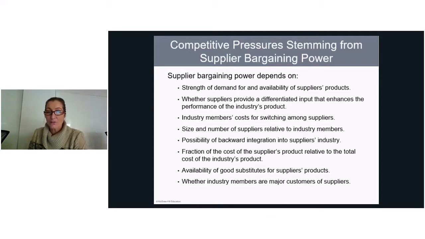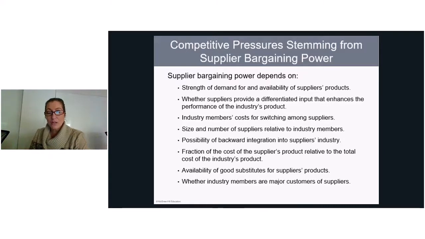Industry members' costs for switching among the suppliers may enable them strong bargaining power or not. There is the size and number of suppliers relative to the supply industry, and relative to the industry members, right?